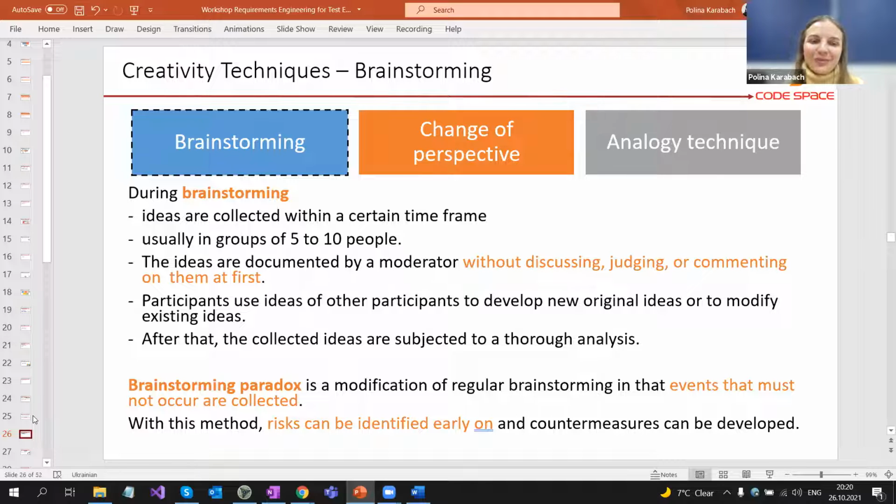And probably if you are in a role of test engineer, you have this mindset quite a lot, because you need to think about the corner cases and which error scenarios there may be. So in the brainstorming paradox, we're thinking about such situations, error handling, and identifying the risks of the project and of the features. So that's about brainstorming.